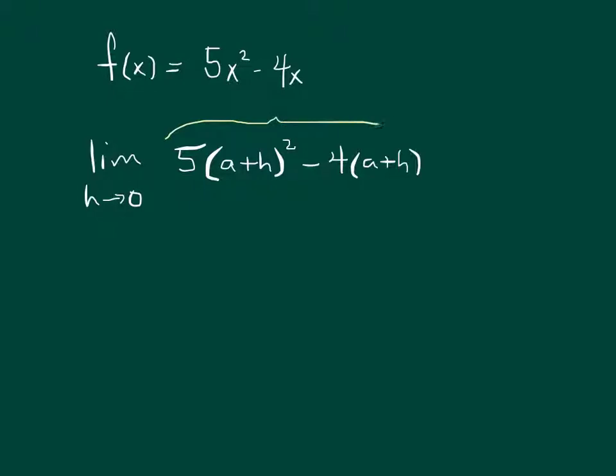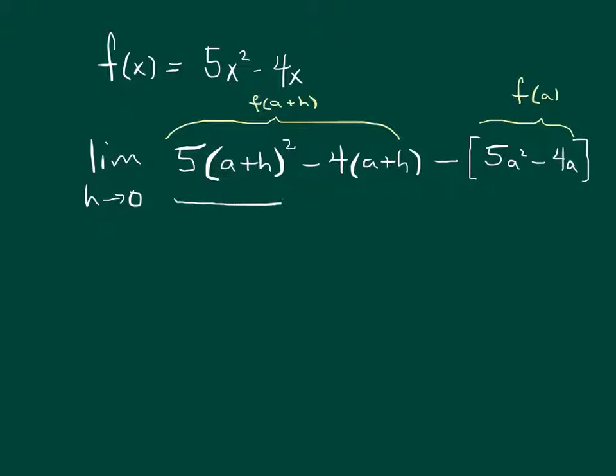This thing is f of a plus h. Okay, subtract. I like to bracket off this whole business. This is going to be f of a, which is just 5a squared minus 4a. And I'll put a little note right there. This is f of a. All right? And, of course, the denominator is h.